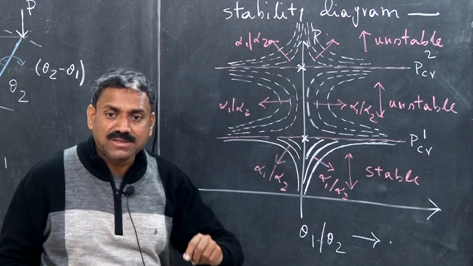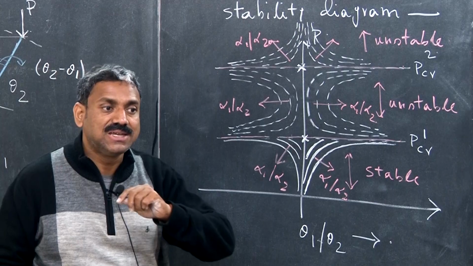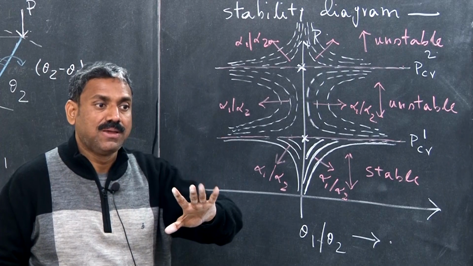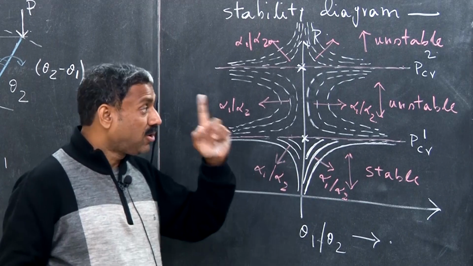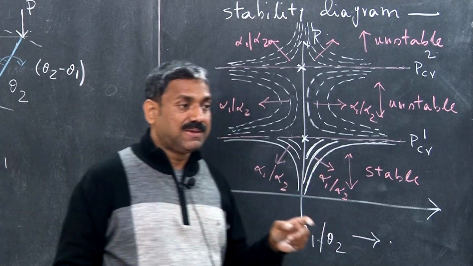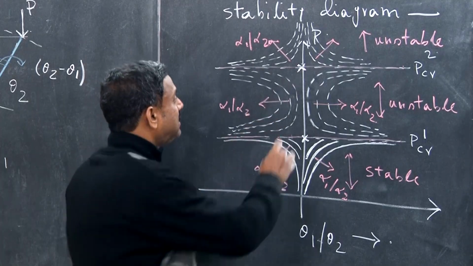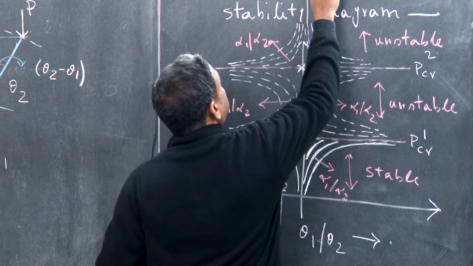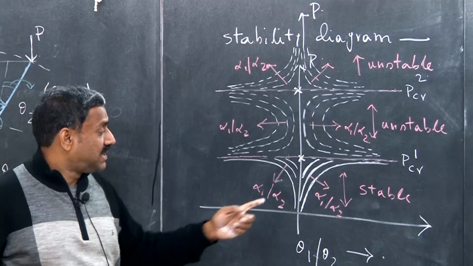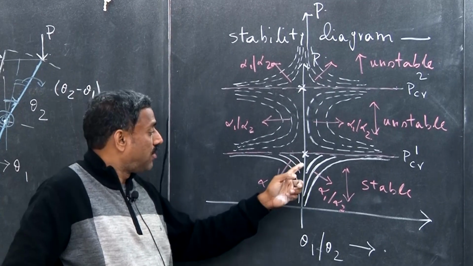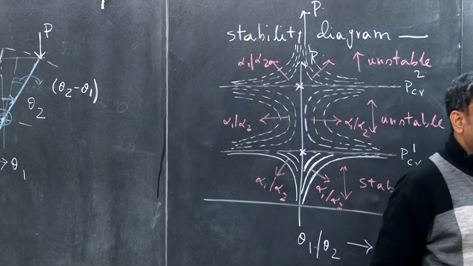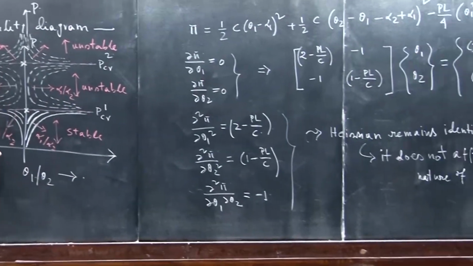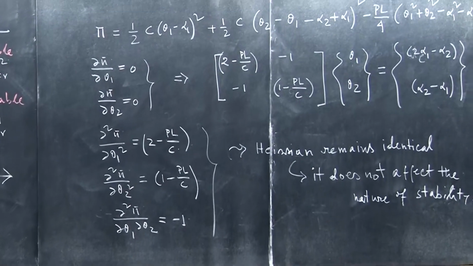So incorporation of imperfections is eliminating the bifurcation. But these are called equilibrium paths because this is nothing but P, the relationship which satisfies the equilibrium. P in terms of theta 1, theta 2 you can obtain from here, because that's where the equilibrium is satisfied. That's why I am calling them equilibrium paths.